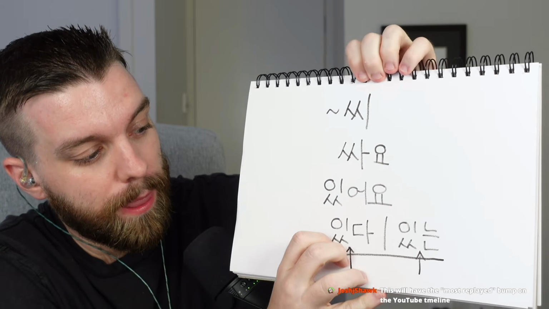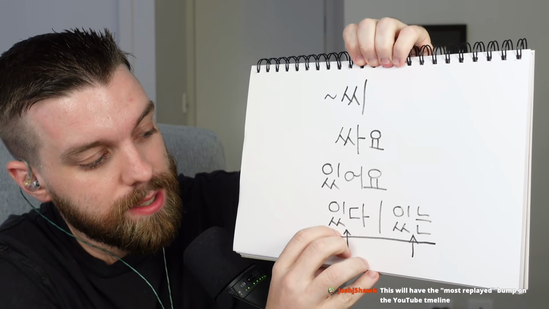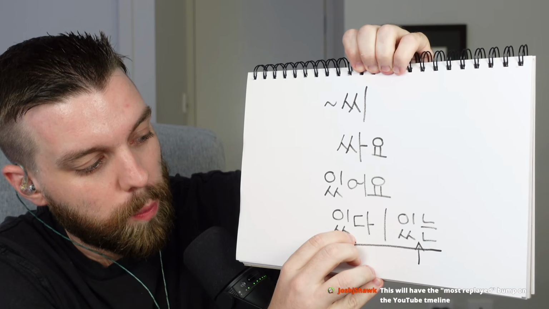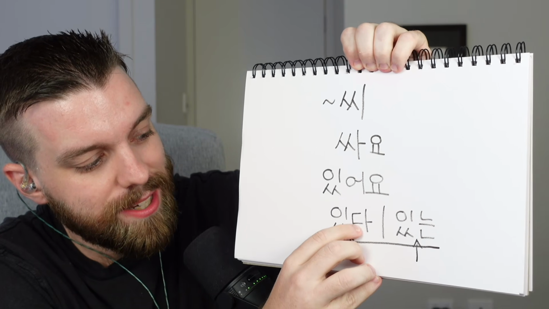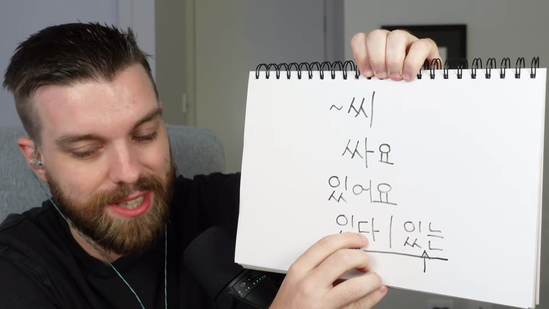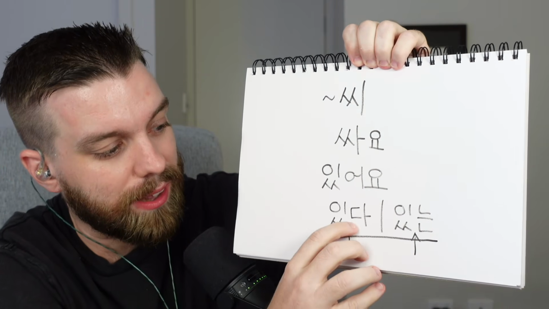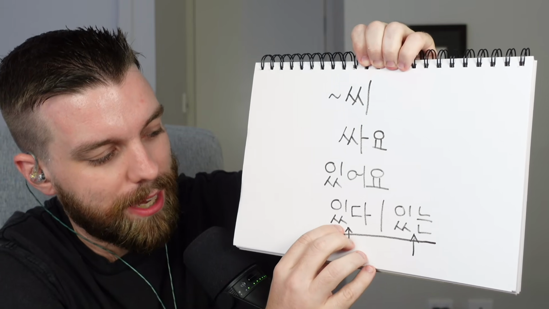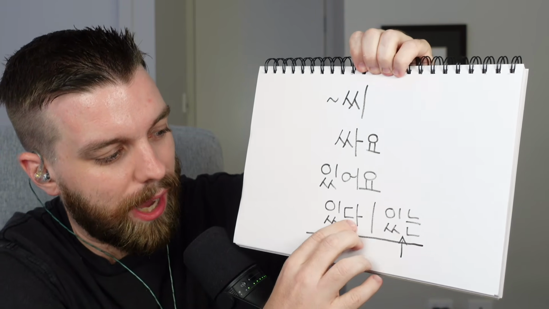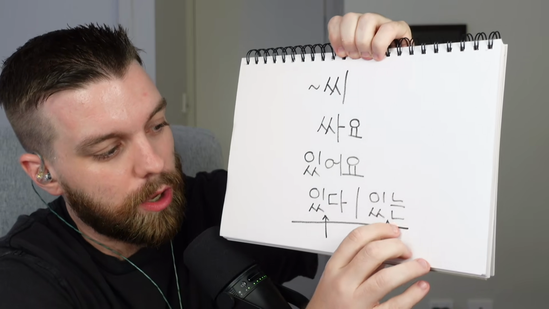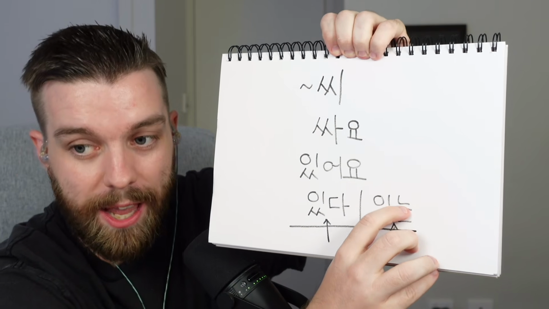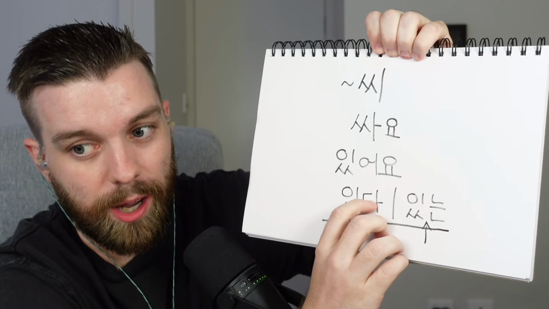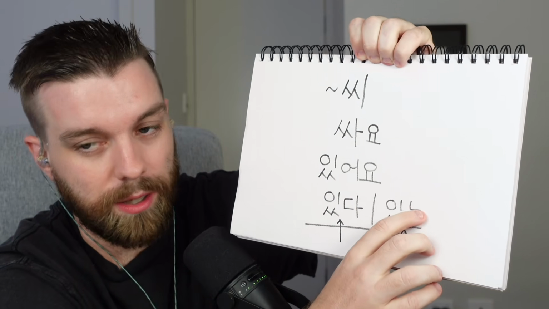So, this little double S, it kind of sounds a little closer to the D. 있다. But because there's a double S here, it's kind of like you pause a little bit. 있다, 있는. Because this is the N sound, 있는, 있다, 있는.